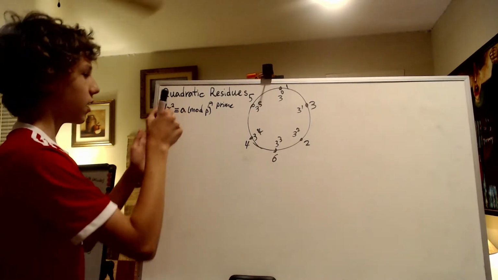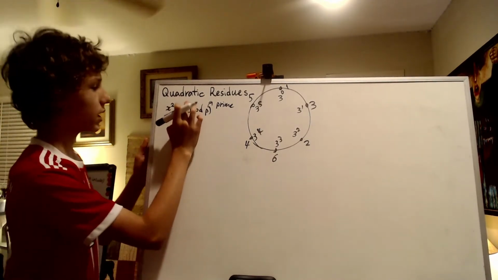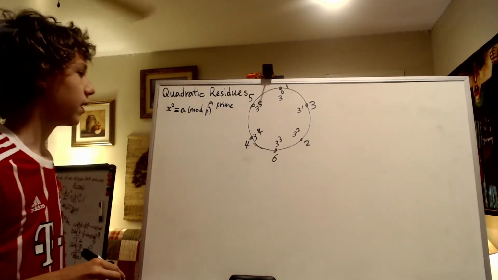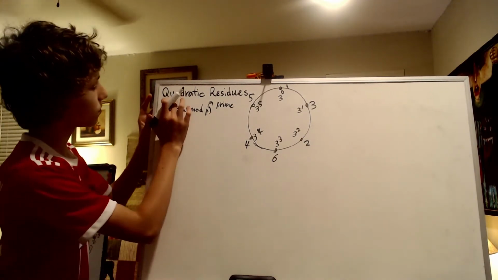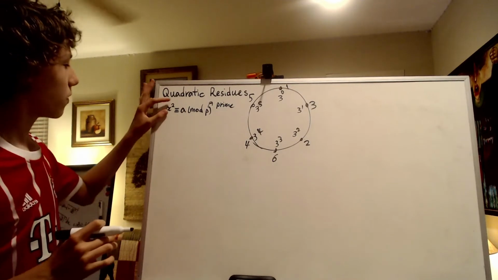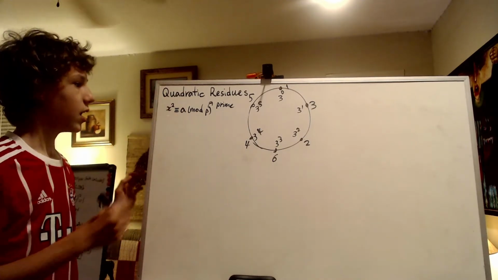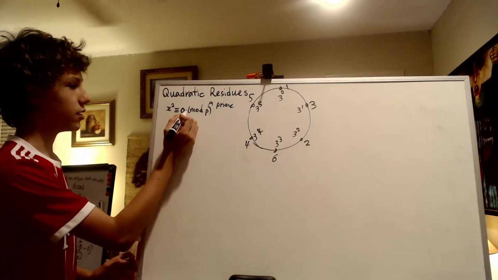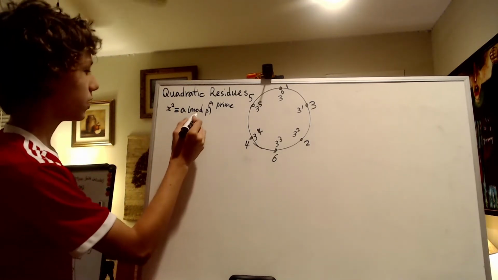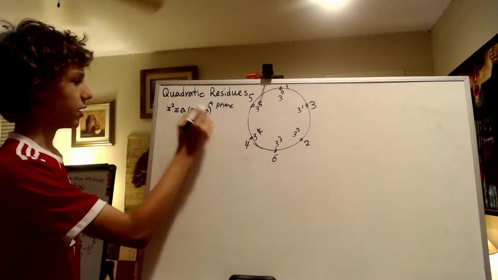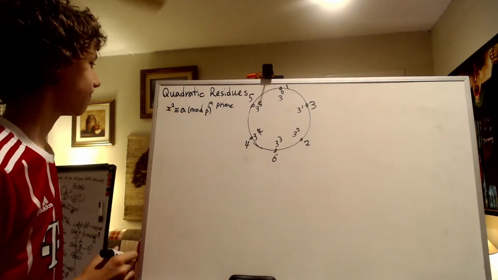So notice that A is a residue mod P. And since this perfect square, when reduced mod P, outputs A as a residue, we call A a quadratic residue. And in fact, all quadratic residues mod P satisfy this equation, right?